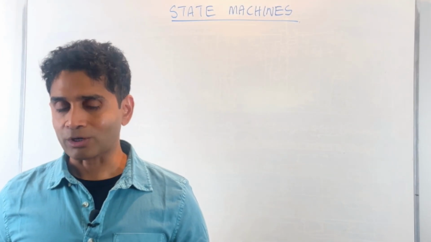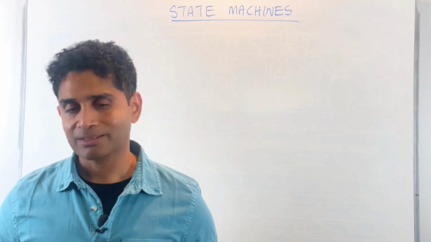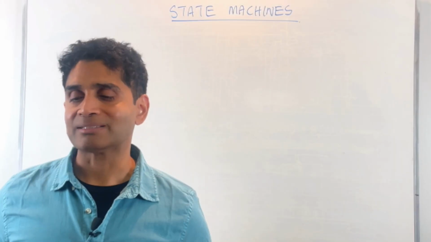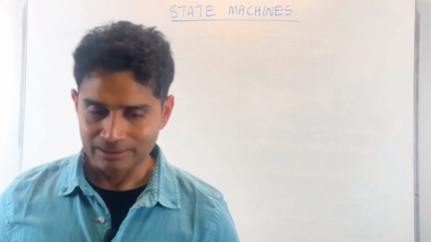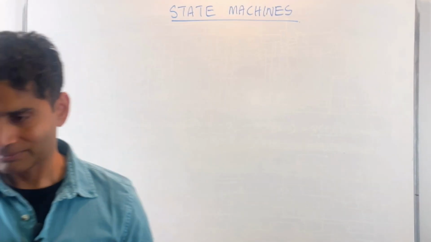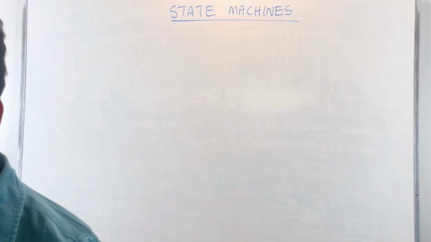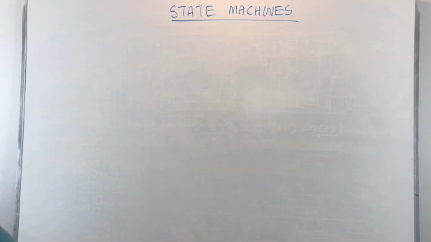When we talk about human beings as state machines, what do you understand by state in the case of a human being? What does state mean? I open that discussion for the whole class.